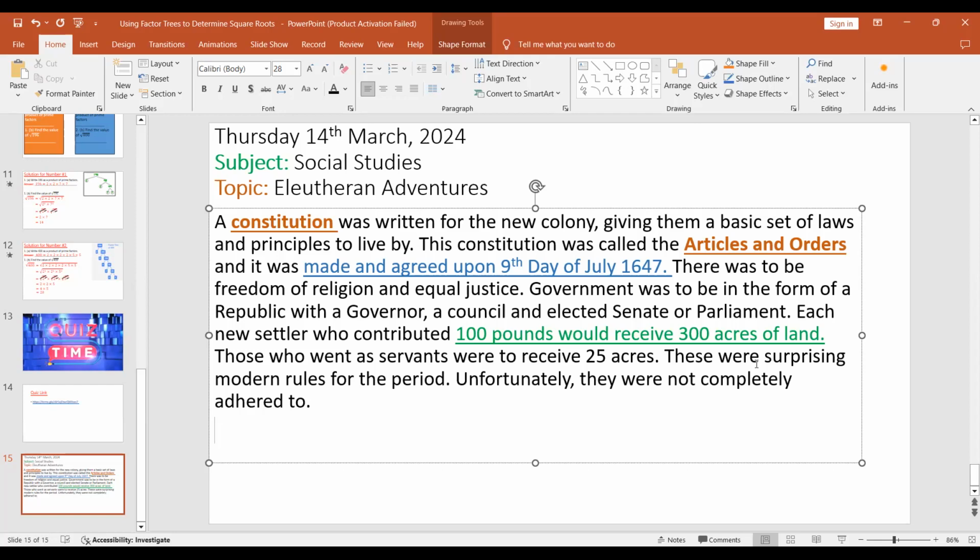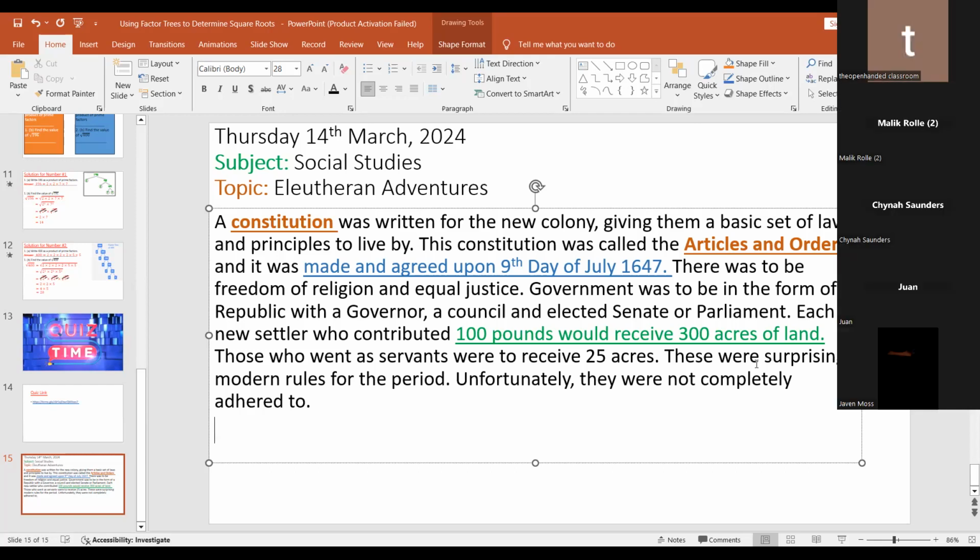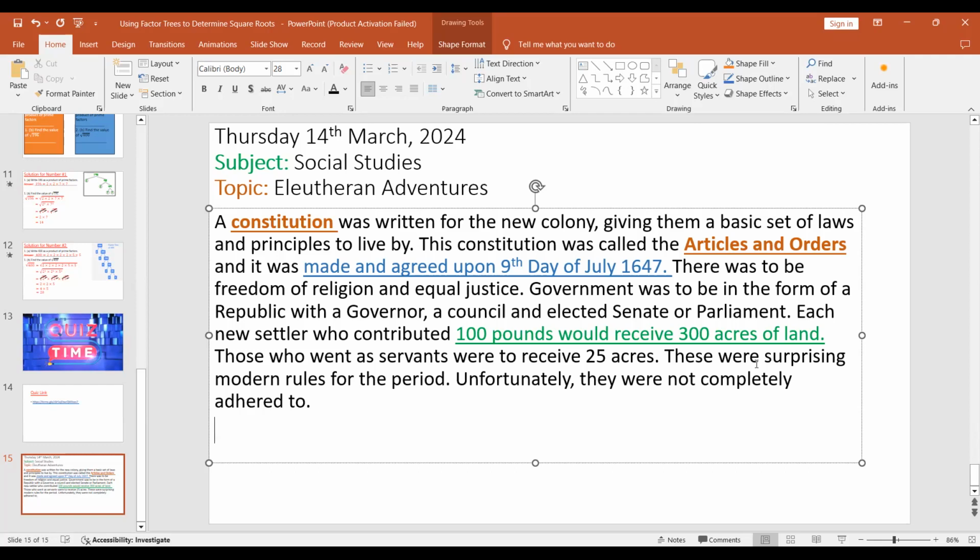Anyone know the name of that island after Eleuthera didn't work? The Bahamas. Or Nassau. But the whole thing, we are in the Bahamas. Was it North America? Not North America, no. They didn't go to North America. Andros? They didn't go to Andros, no. New Providence? New Providence, very good. They went to New Providence.